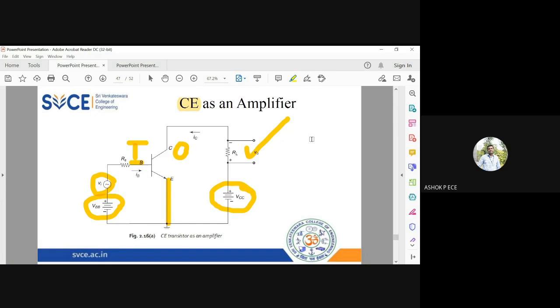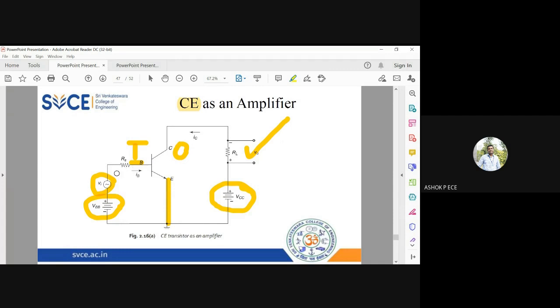Always emitter base junction is forward bias, collector base junction is reverse bias. So you have to connect the batteries in that way. Positive is connected to base, positive is connected to collector also, because emitter base junction is forward bias and collector base junction is reverse bias.